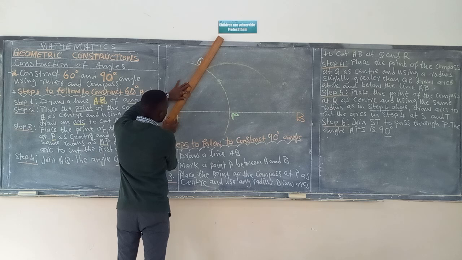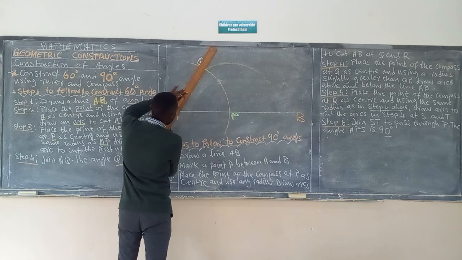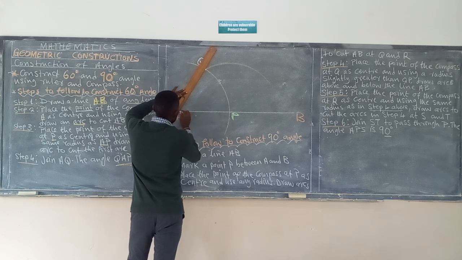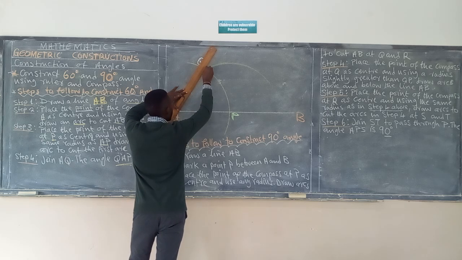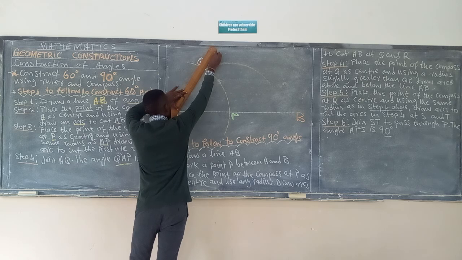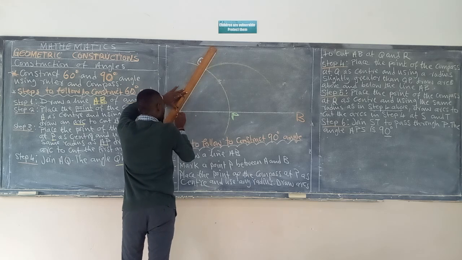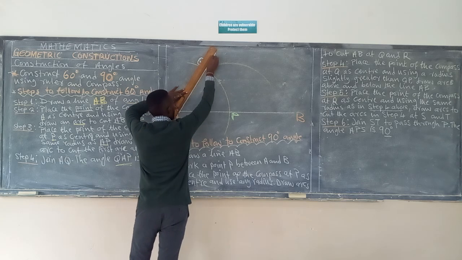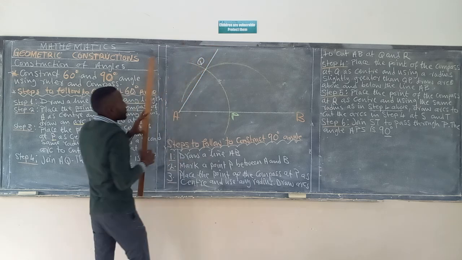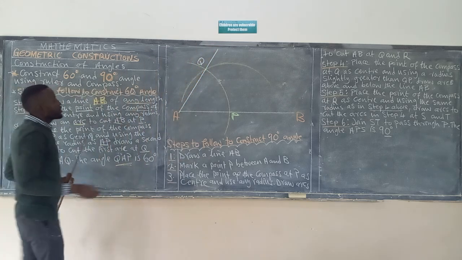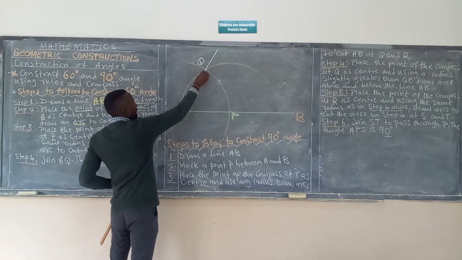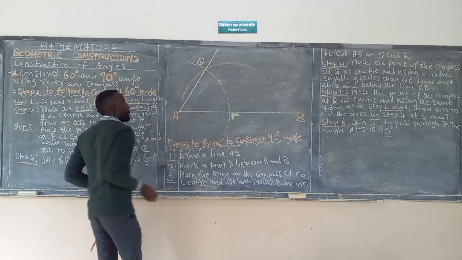Then draw a straight line, a very good line, which will cut exactly at this point. You can see my straight line, which is, of course, AQ. This is my Q there.